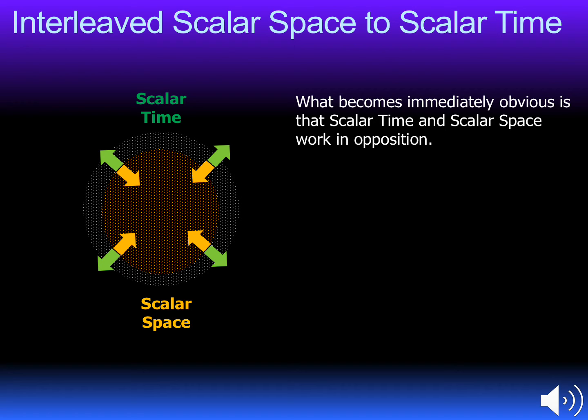So this diagram also shows a different way of viewing scalar time and scalar space. So far, I've shown them as two separate spheres, two scalar fields that are separated. But I did that just because it's easier to visualize the relationship of these two scalar fields. But the way I think of this is that these two fields are interleaved.